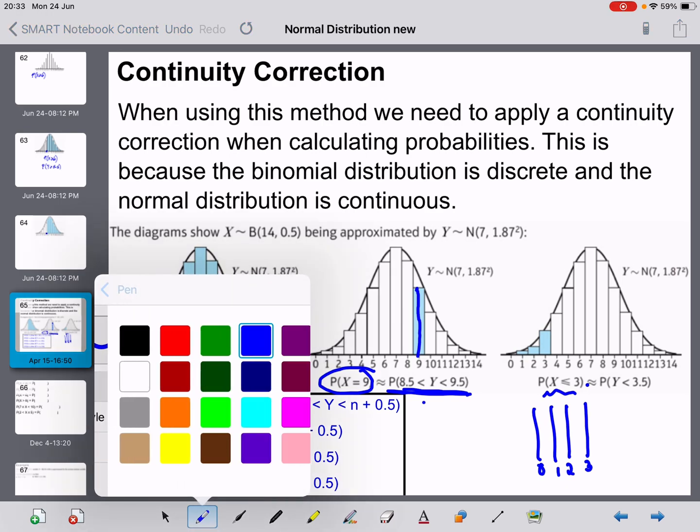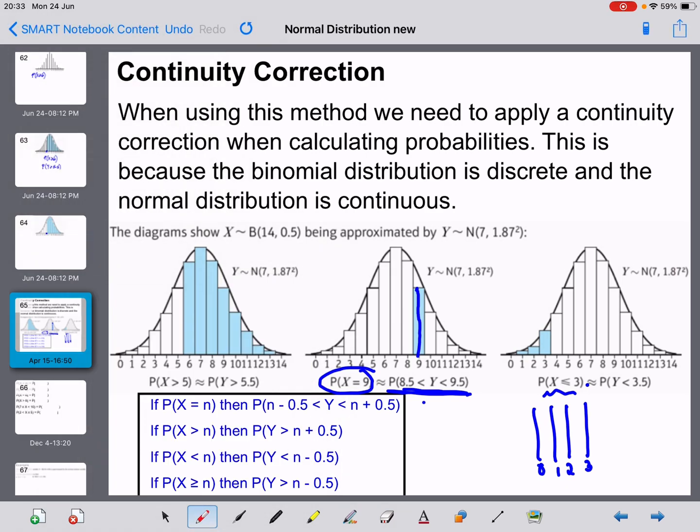If I make those sticks go fat, so I turn them into bars, red bars like that, then that value there is now the cut-off point. And that's why the continuity correction is y is less than 3.5. I'll show you some more.